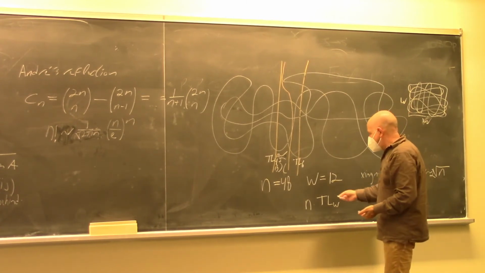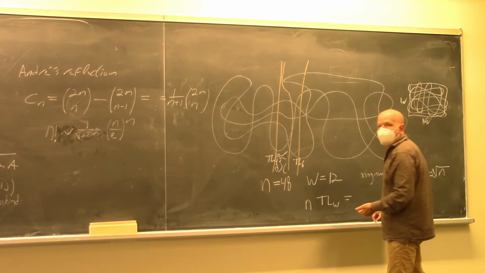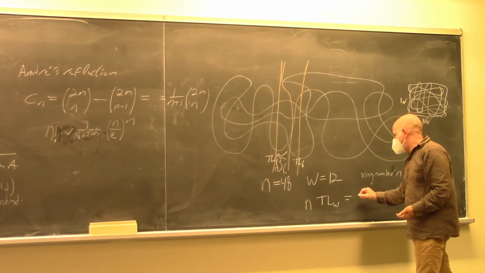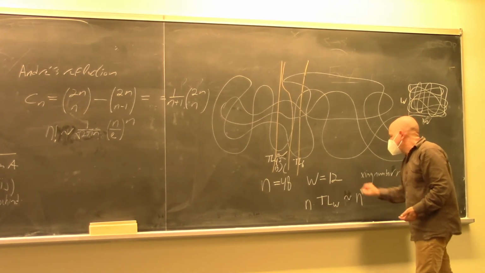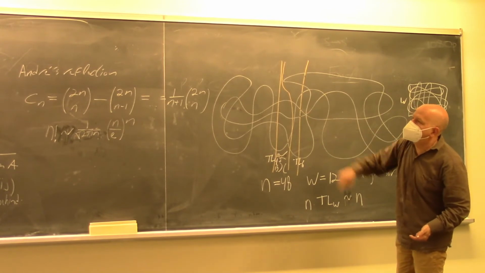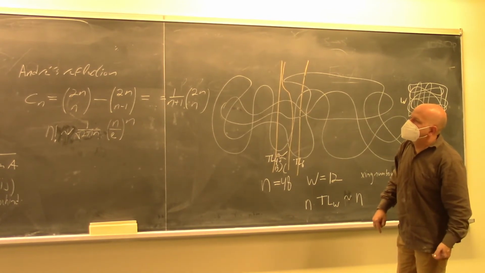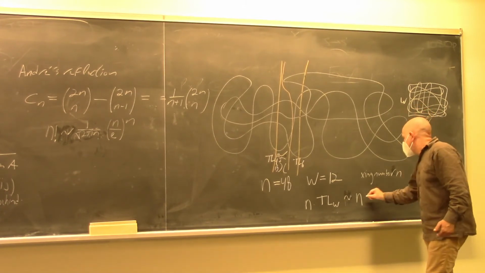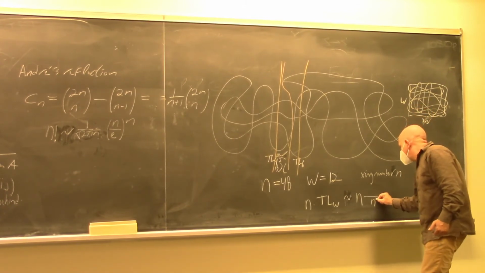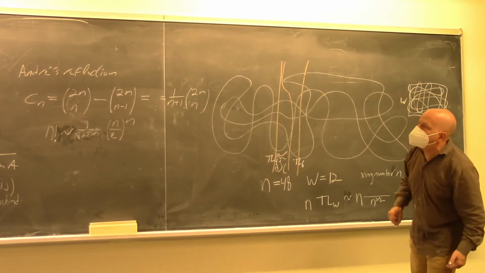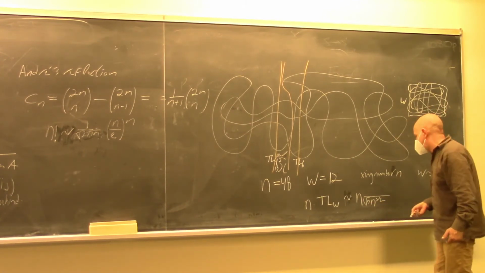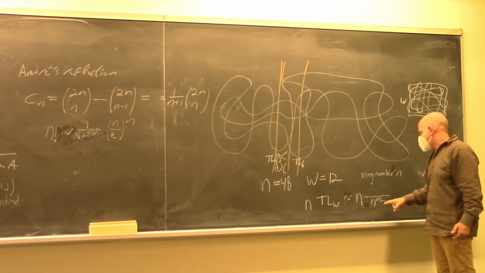Now, the dimension of TL_W is roughly, so now I have to copy the formula written there, something to the n to the 3/2 down here, with maybe a square root of pi, which doesn't matter, it's a constant.